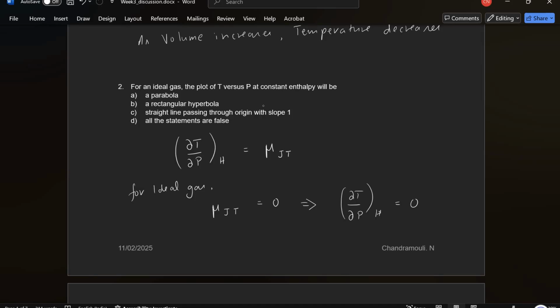We can just quickly draw here. Let's say I'll take P over here, T over here. Since the slope is 0, it's going to be just a straight line. So here the options are a parabola, rectangular hyperbola, straight line passing through origin with slope 1. All of these are false. So basically, this is the answer.